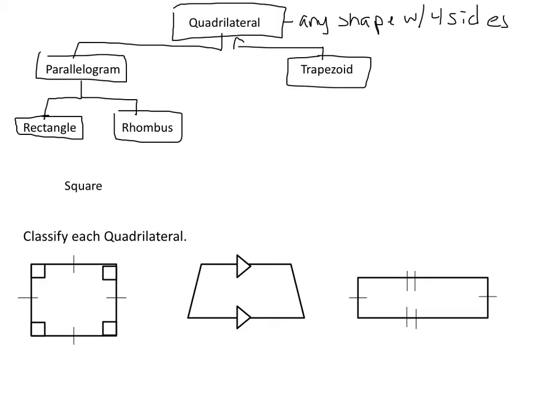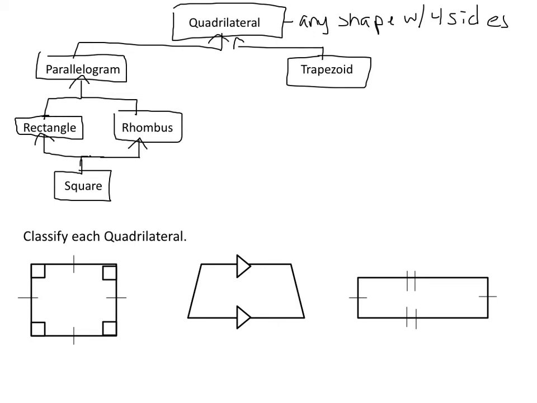Now, the weird thing about this is that our last shape, a square, can actually feed into either of these other ones. So a square is a rectangle, a square is a rhombus, a rectangle is a parallelogram, and a rhombus is a parallelogram, and a parallelogram is a quadrilateral.